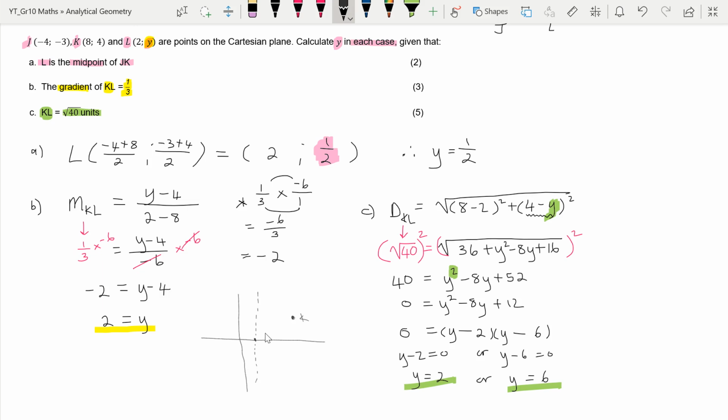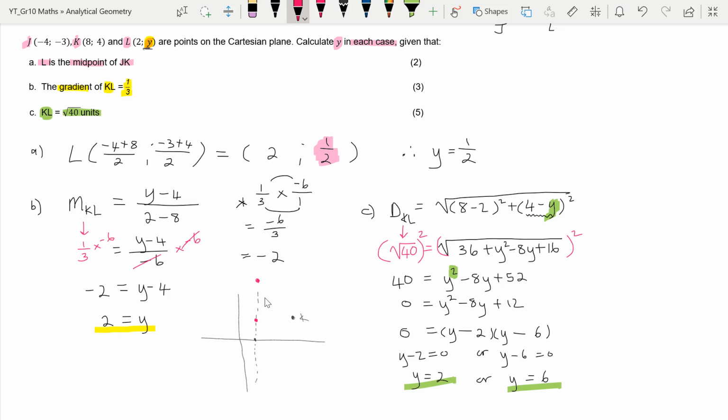So we found that the y value for coordinate L is now either 2 or 6. If it is 2, my y value will be 2, so then it would be somewhere over there. Or it can be where my y is equal to 6, so somewhere over there.